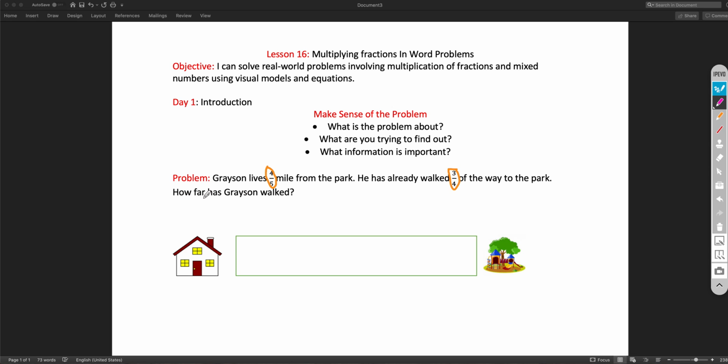How far? Automatically you think addition. But there's another clue word here that tells us that it's not addition. And that is the word of. When you see a sentence in the context of he has already walked 3/4 of the way, that means multiplication.